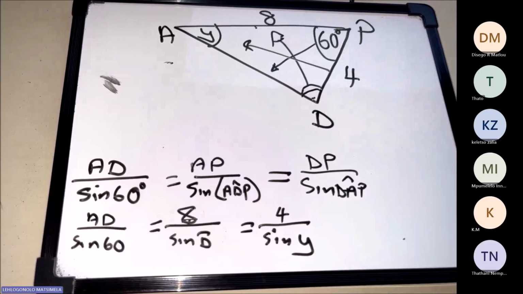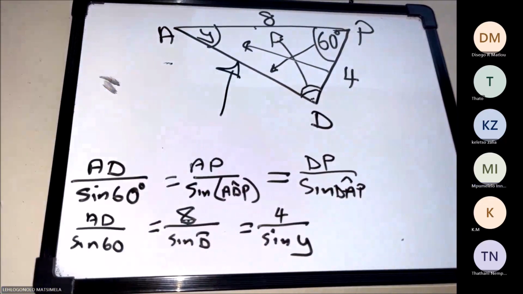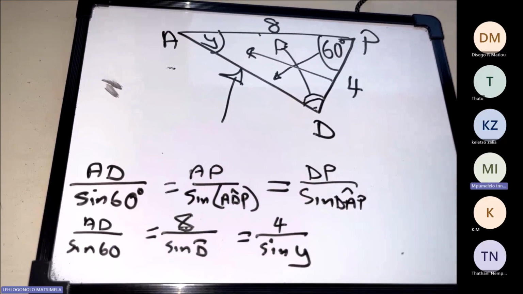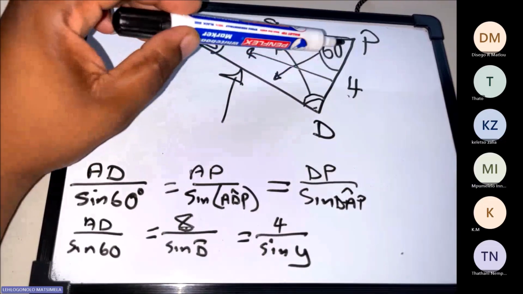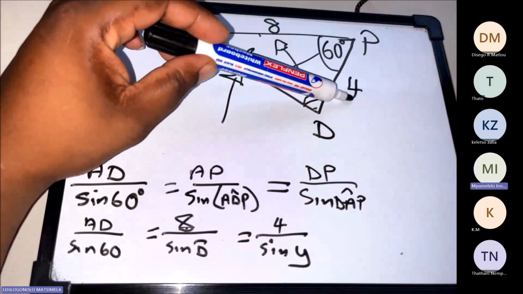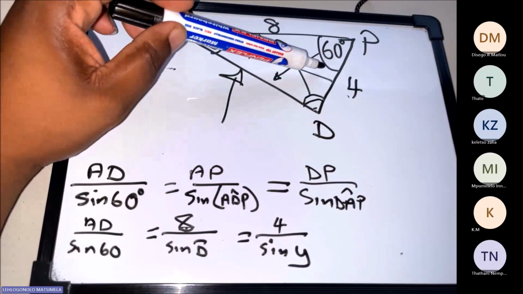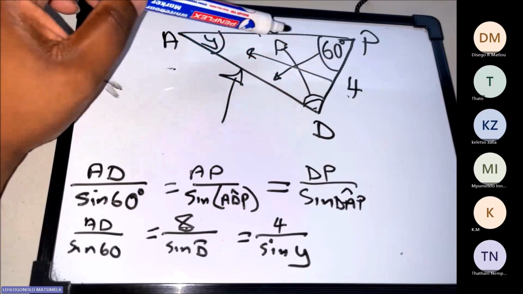So here they can ask you to find the question. The original question was saying, let's find side AD. But according to the properties that I told you, if you are given two sides, they must also give you one angle. Yes, you are given two sides and one angle. But unfortunately, the angle that we are given is not opposite to any of the two sides.